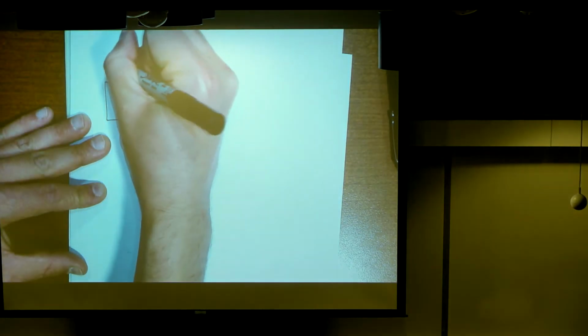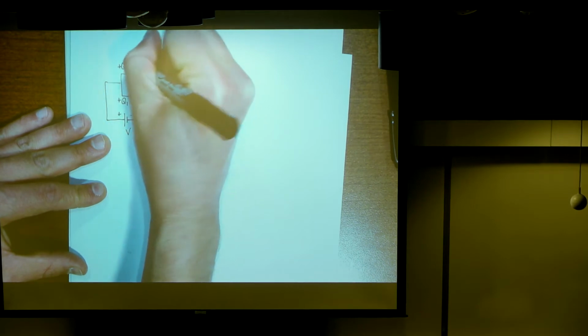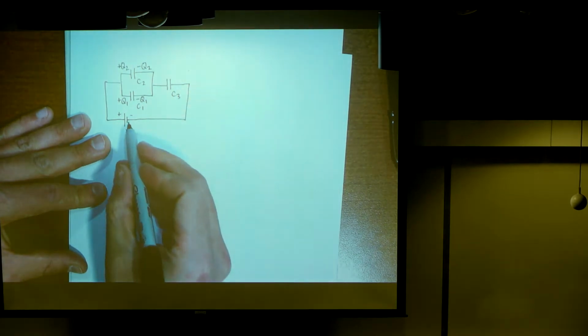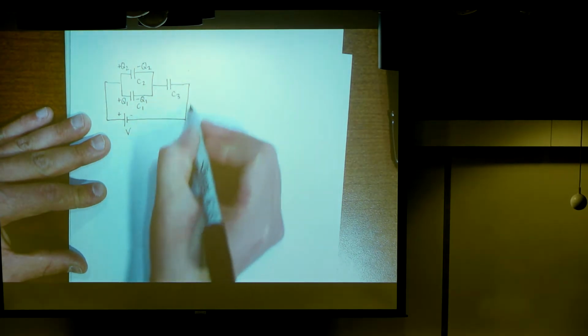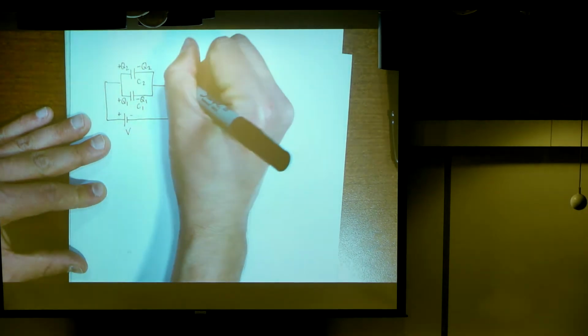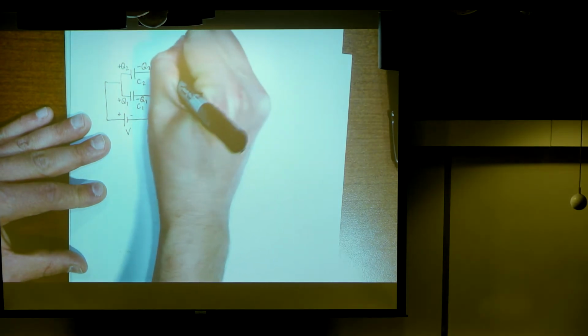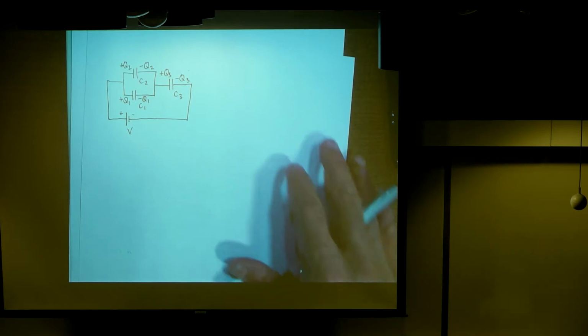Then up here, we have positive Q2, negative Q2. And for this guy, the negative terminal of the battery is directly connected to this plate, so this is going to be a negative charge minus Q3. The other plate is going to be positively charged plus Q3. So the point of doing this is just to label all the charges that we're eventually going to find. So we have them. Okay.